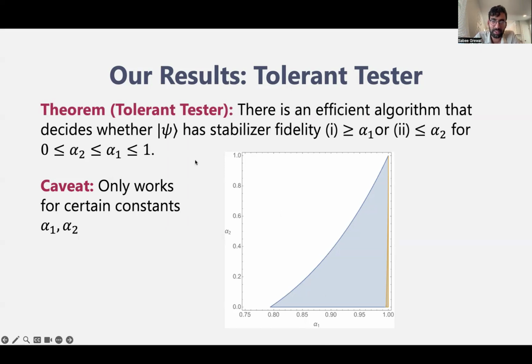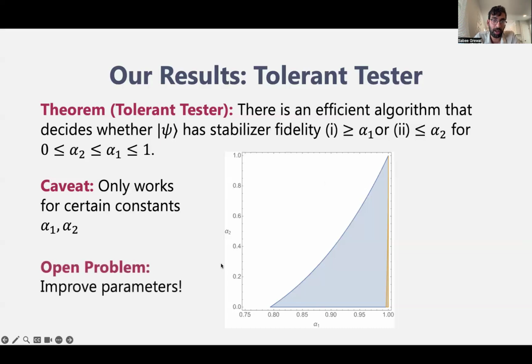That's basically saying our algorithm can decide if the state is within 0.85 fidelity of a stabilizer state, or it has at most 0.2 fidelity with all stabilizer states. But as soon as you get to like 0.79, our algorithm breaks down. We can't really test past this region.